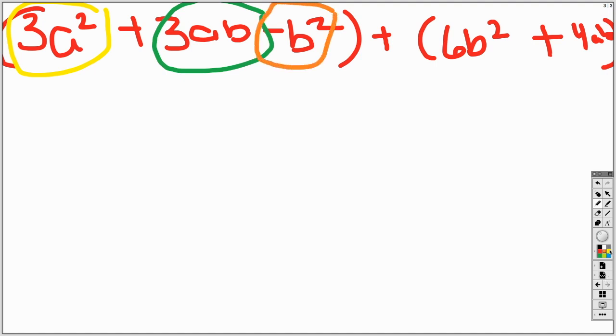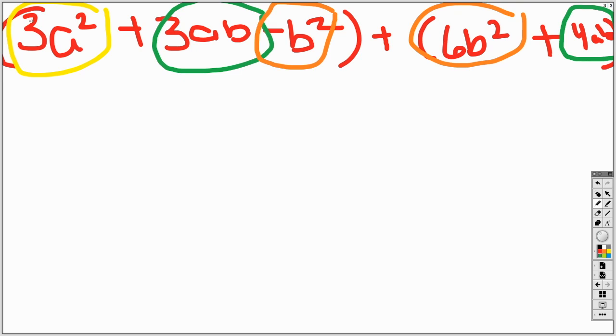And then I'm going to see if any of them are similar to this. Okay, not this. Oh, b squared. Okay, I'll circle this orange. No, a squared. Oh, that's ab. Okay.